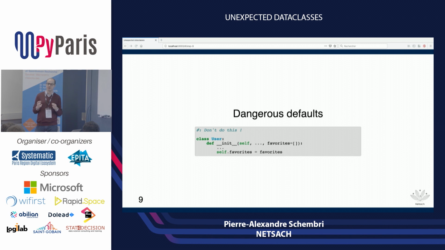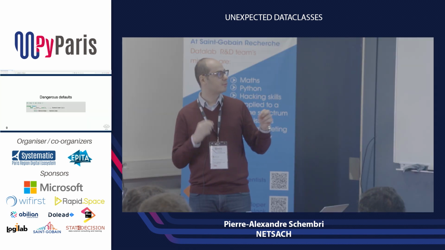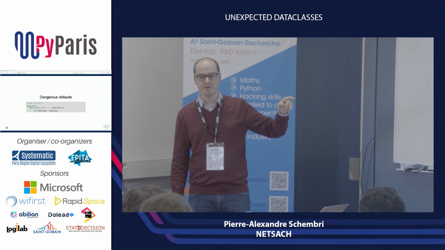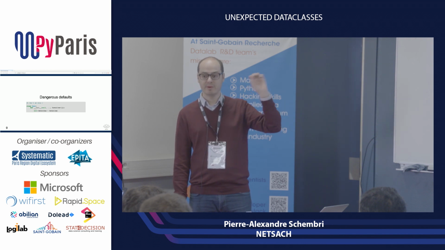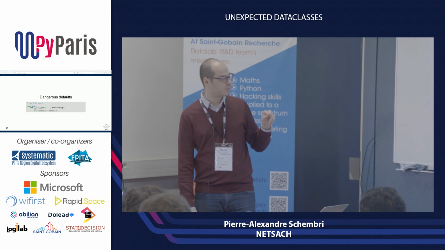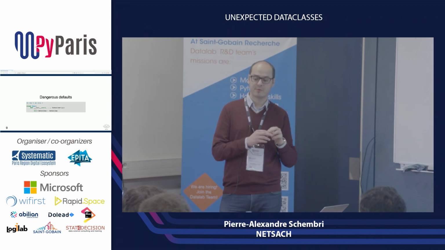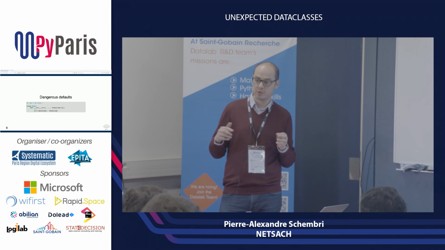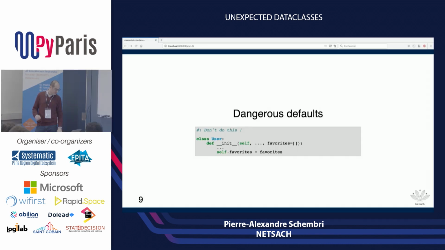So once the module has been imported, the favorites keyword will be set and will be tied to a list, but the same object for all the class and all the instances. So when we do self.favorites equals favorites, we will point at the same memory zone, the same object. So all the instances of user will share the same object. And this will give us something like this.